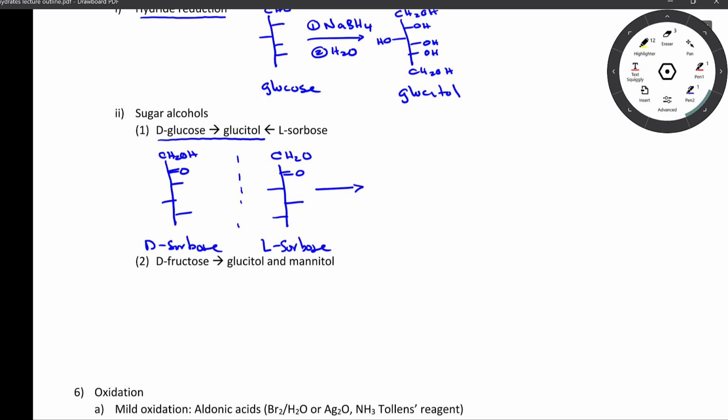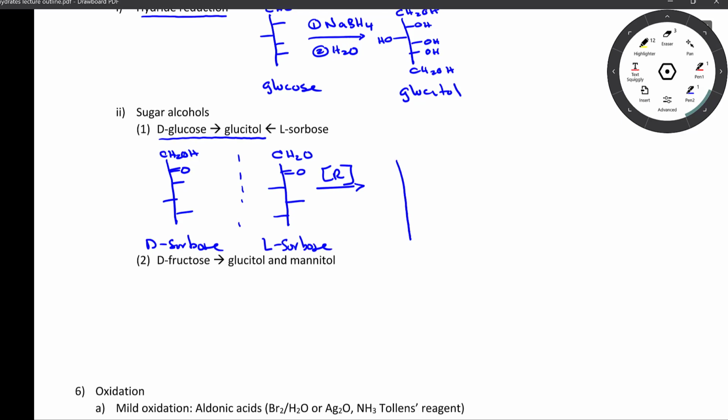And then you can reduce that. So I'm just going to go like this. That's sodium borohydride, for example, and water. And then you'll end up with this. And this. You get two compounds out.